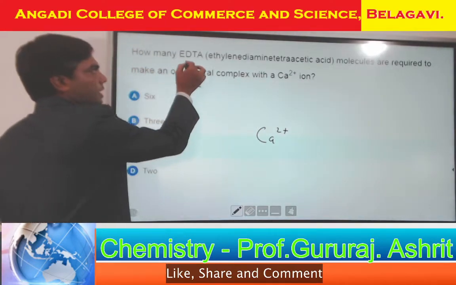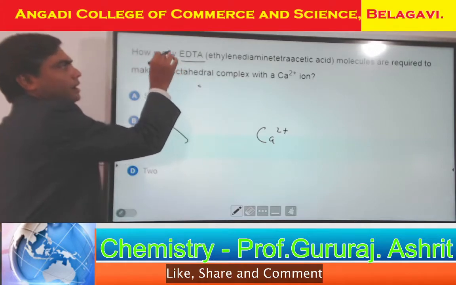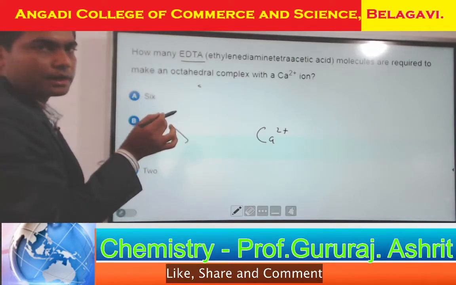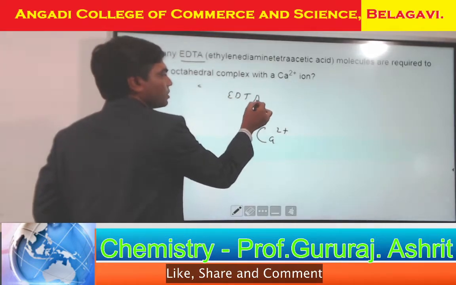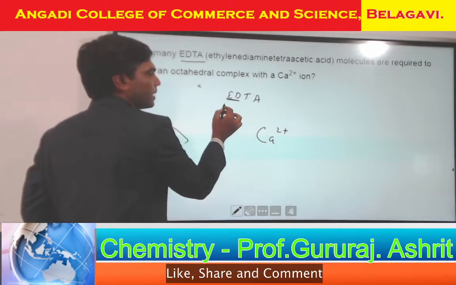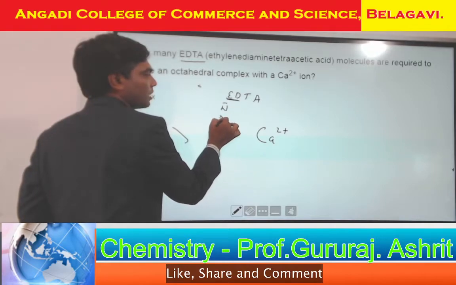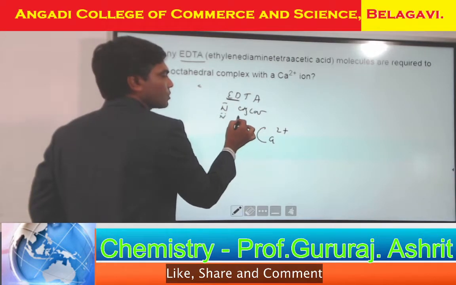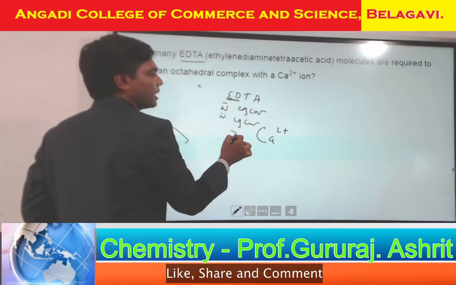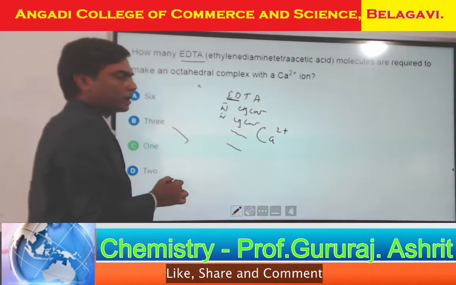Now you should understand whether it is a mono, di, tri or hexadentate ligand. All of you know that it is a hexadentate ligand because ethylenediamine means 2 donor atoms, and tetraacetate means 4 acetate ions. So how many donor atoms are there? They have 6 donor atoms.